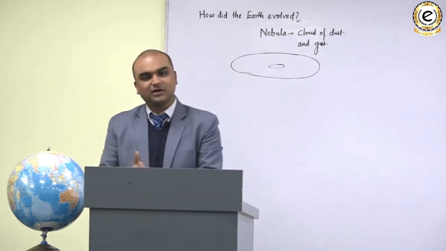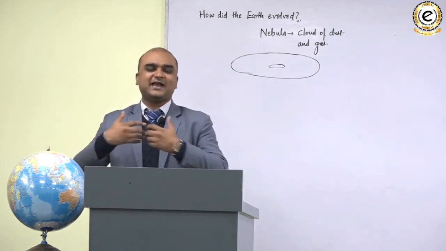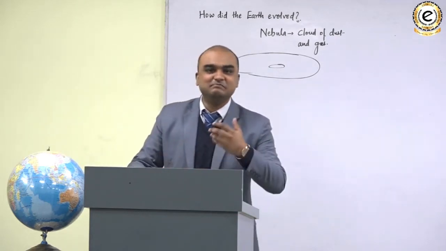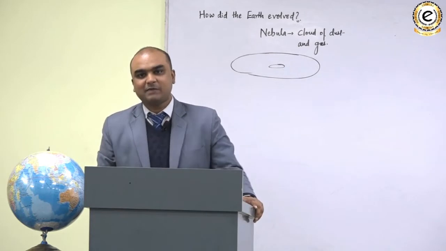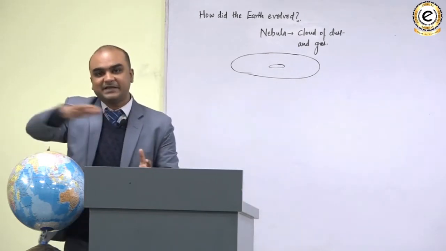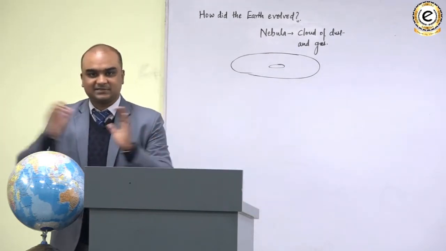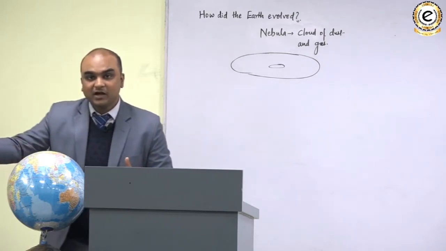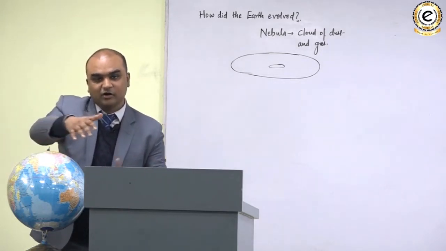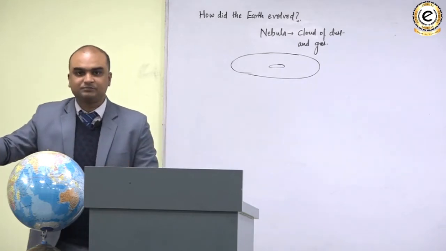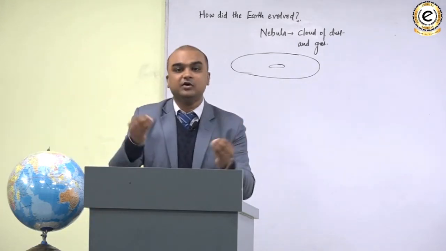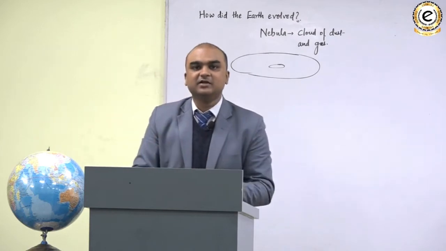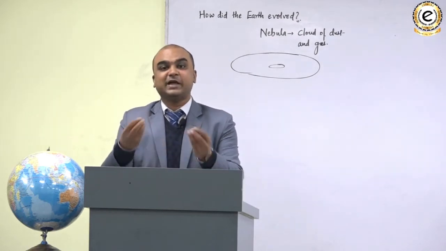Or in other words, बहुत सालों पहले, and when I say बहुत सालों, it means billions of years ago, the sun was surrounded by a cloud of dust and gas. That cloud was known as nebula. This nebula kept on rotating around the sun. With time, this nebula cooled, and as it cooled, the planets came into existence.